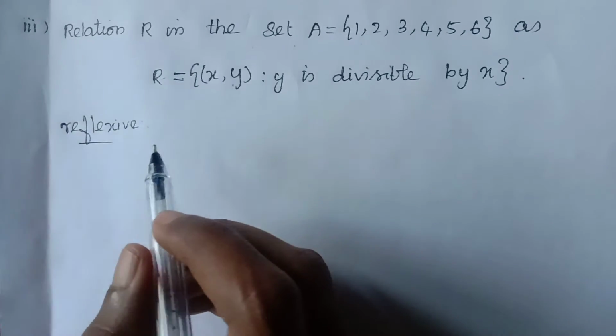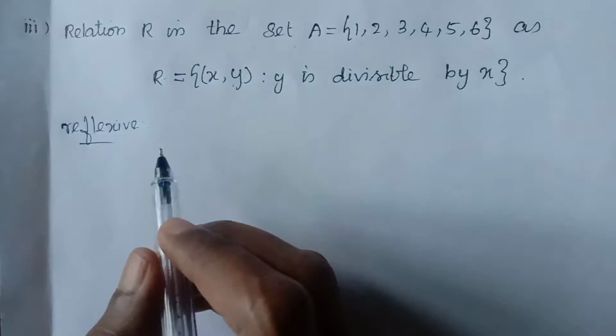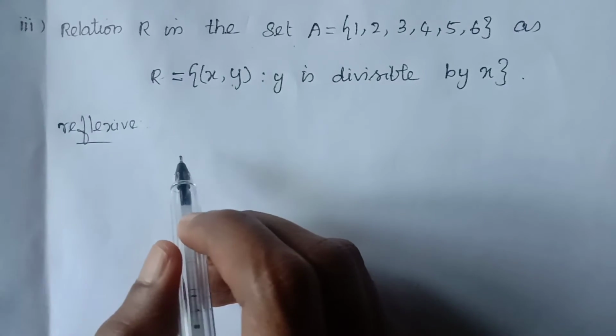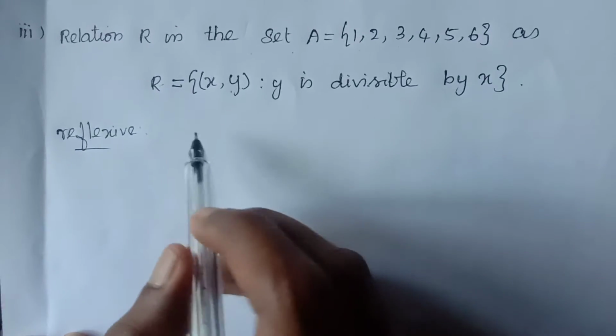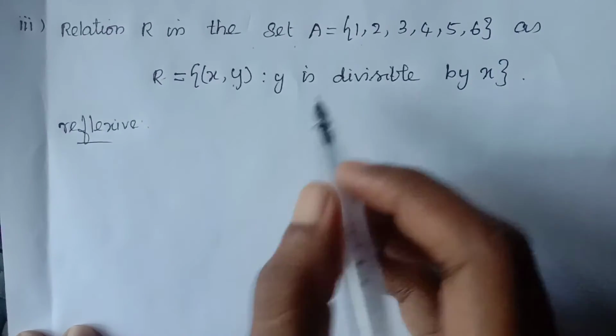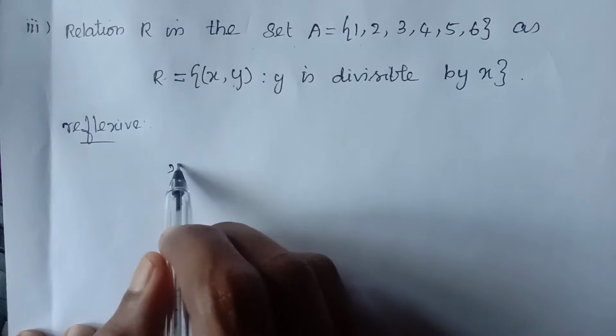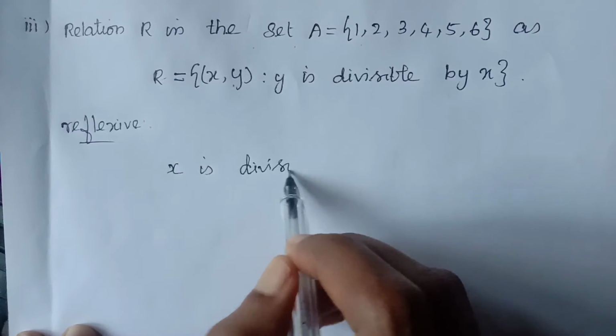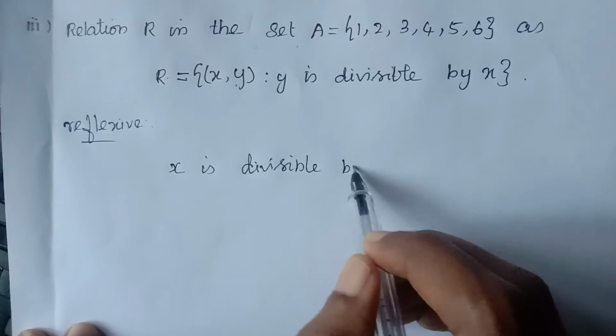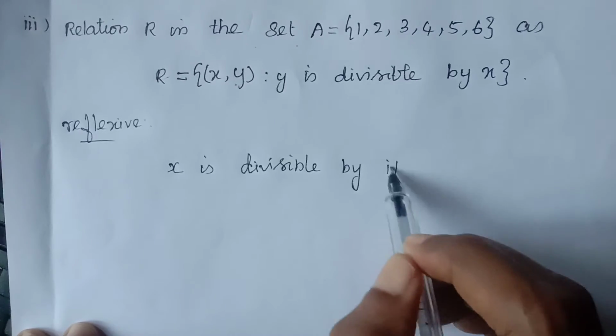First we have to check whether (x, x) belongs to R. We know any number is divisible by itself.